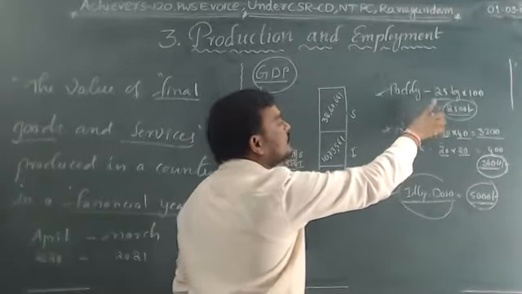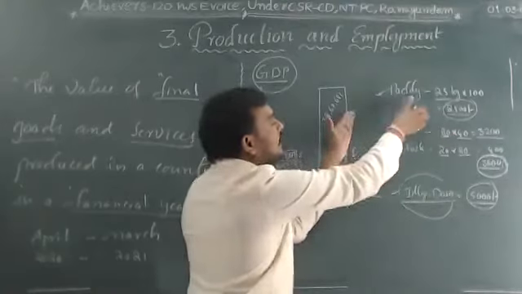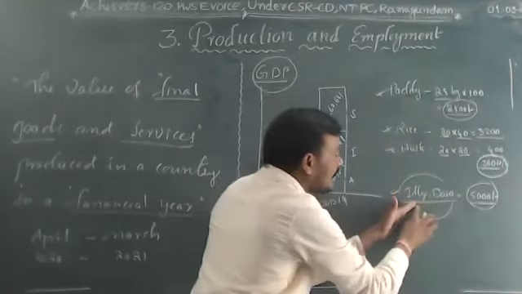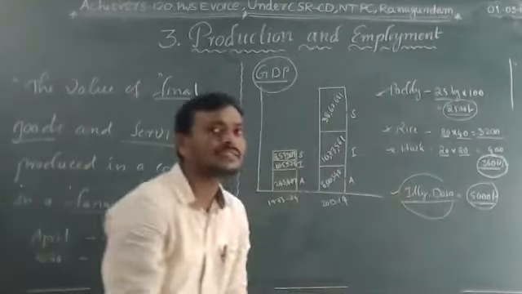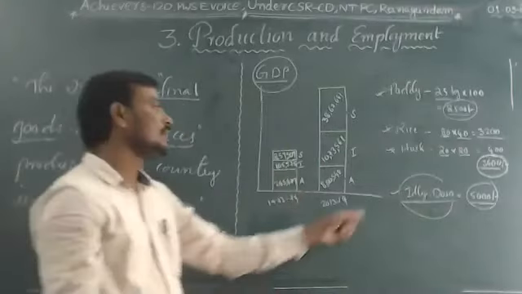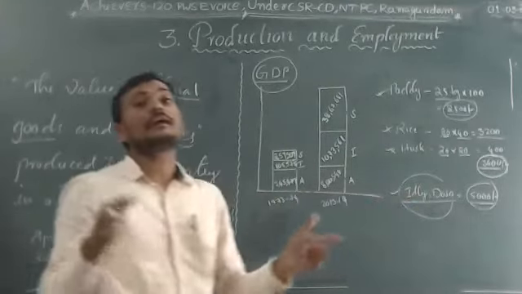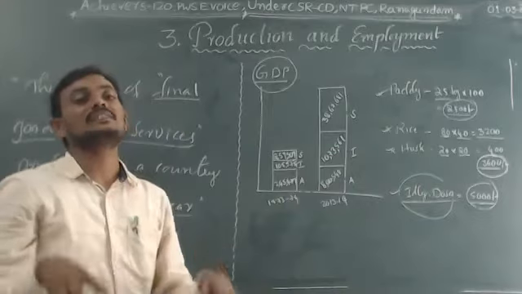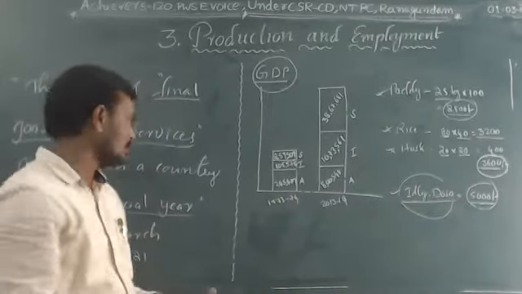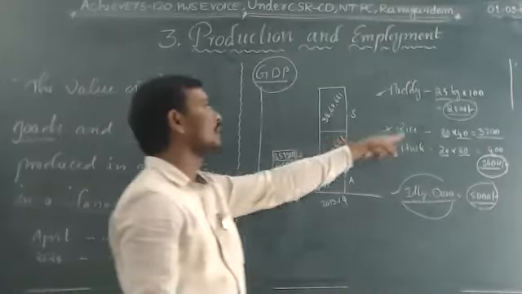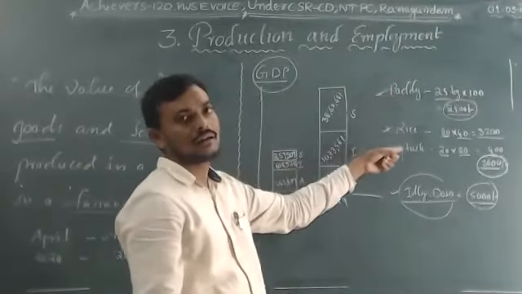So the value of paddy and rice is included in the idli and dosa. This is the reason we take the value of idli and dosa for estimating GDP, but not the value of paddy, rice and husk.